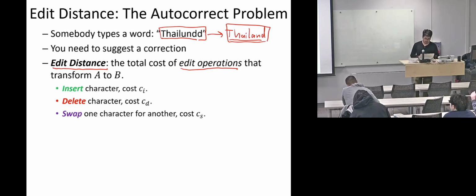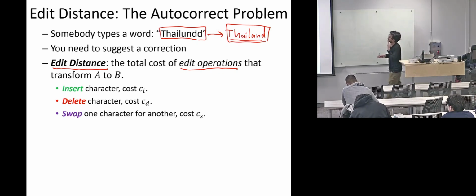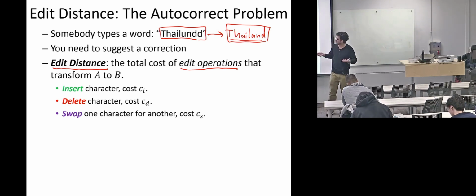And you want to maybe find the one that is smallest, the most correct one. But at least you need to know what's the distance between this and this, and that's our problem. So you are given two strings A and B, okay? And you ask for the total cost to transform A to B.